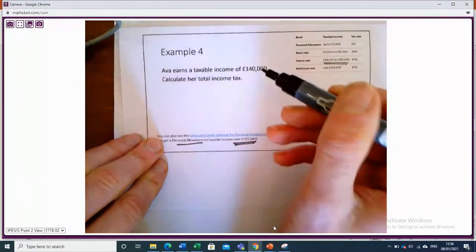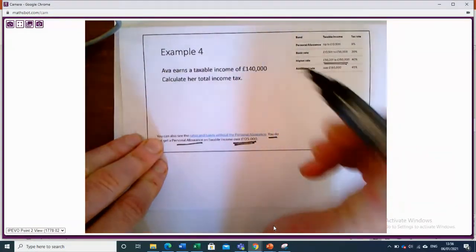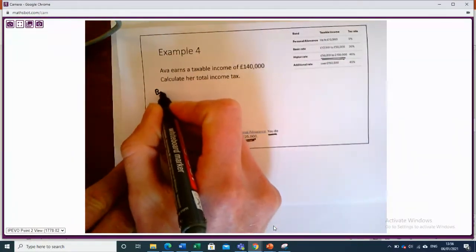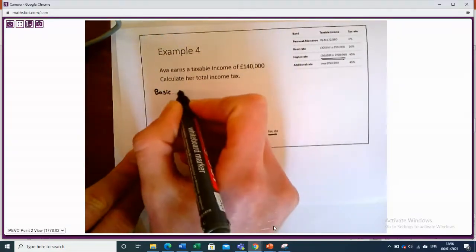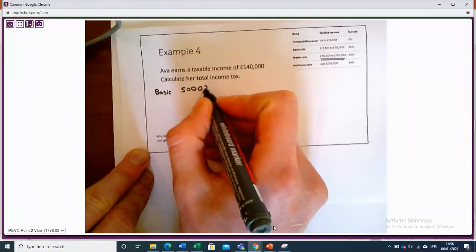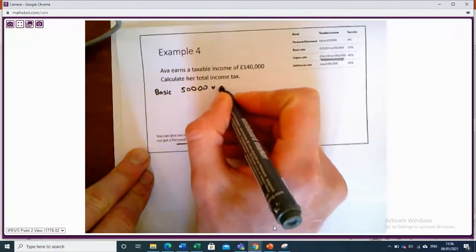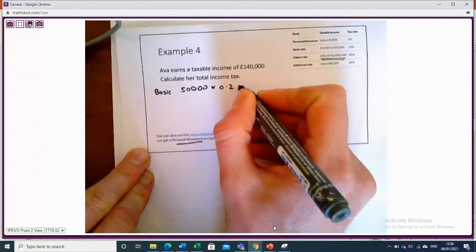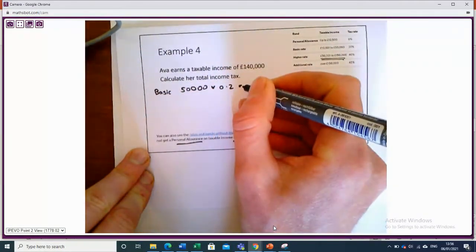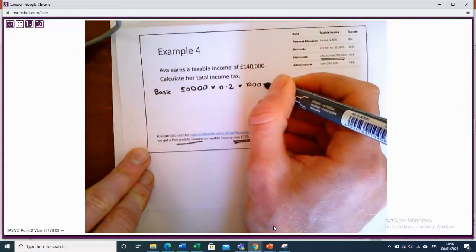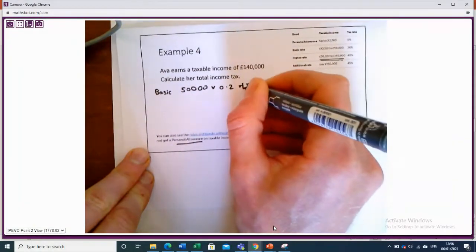So she pays basic rate from 0 up to 50,000. So £50,000 should pay 20%, which would be £10,000.